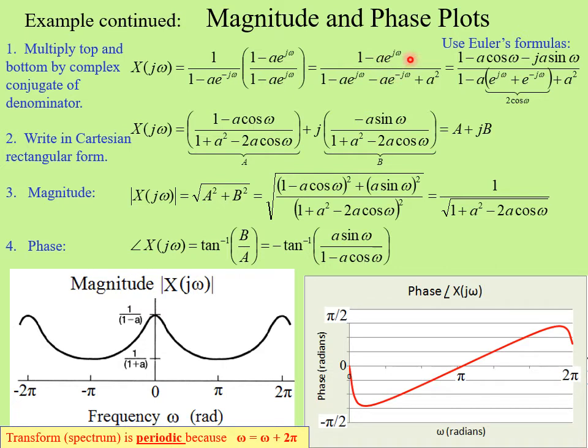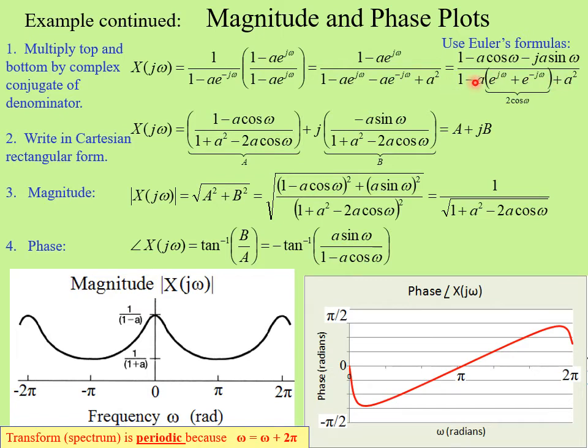And then on the top, likewise, we can use Euler's formula to express e to the j omega in terms of a cosine and a sine. So again, this thing is not looking any better yet, but we're actually making some progress, because what we can do now is break our result into a real part and an imaginary part.